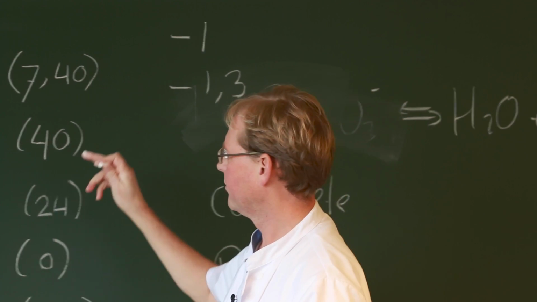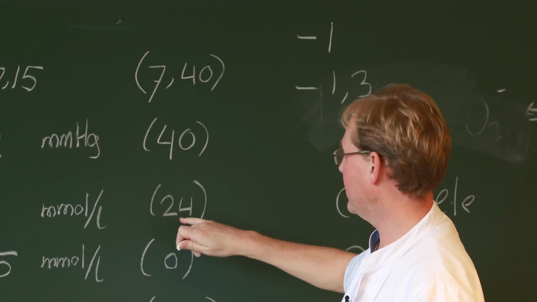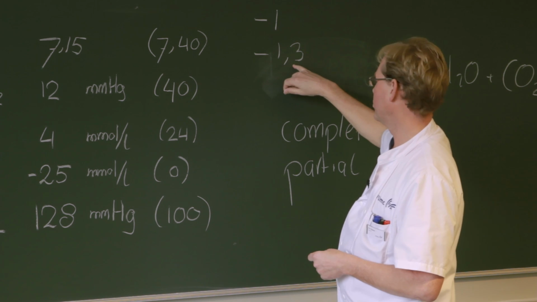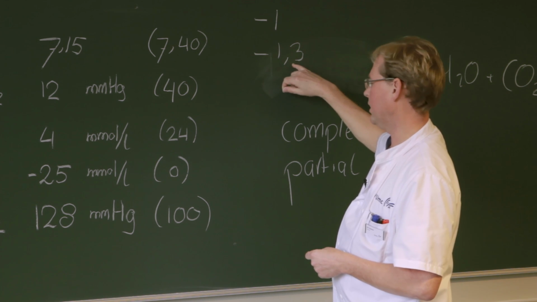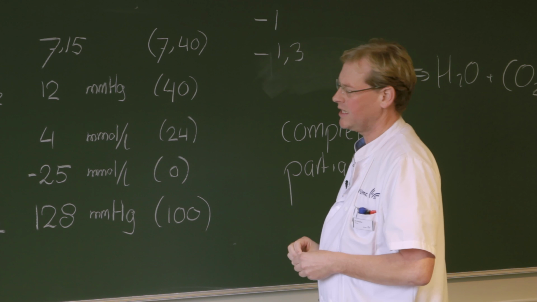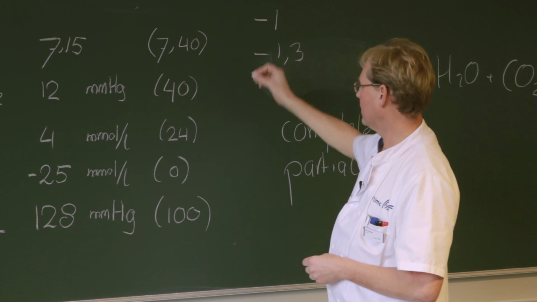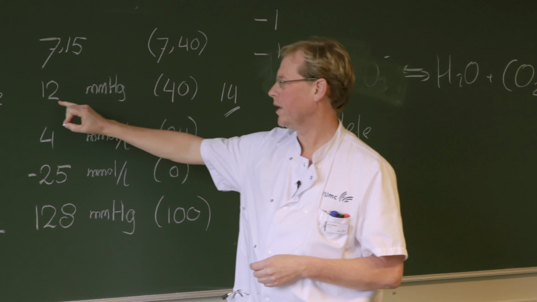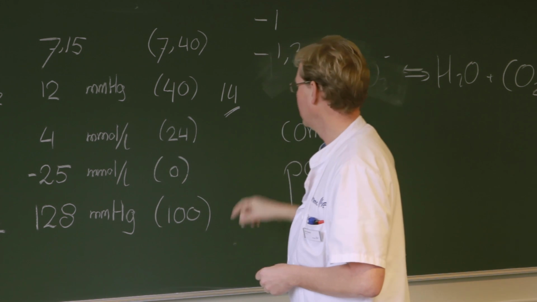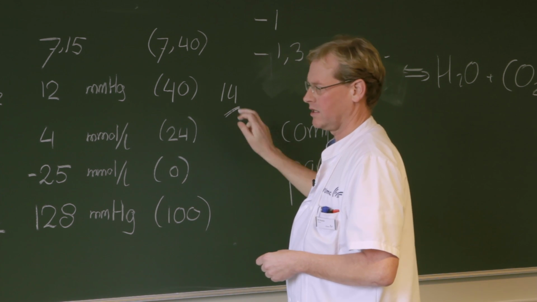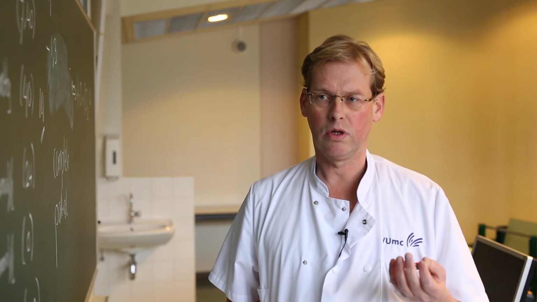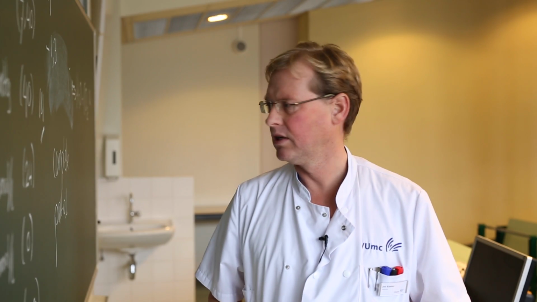In this boy, his bicarbonate has decreased 20 millimoles per liter, so his PCO2 should decrease 1.3 times 20, which is 26 millimeters mercury. It should be around 14. And what is it? It is 12. He is even doing better than this nomogram predicts. So this boy is doing a great job. This is what we call complete compensation.